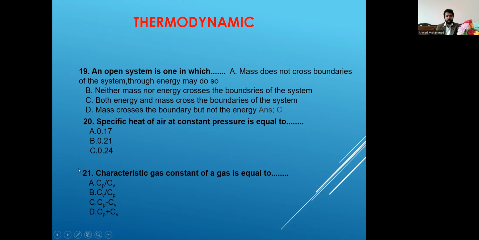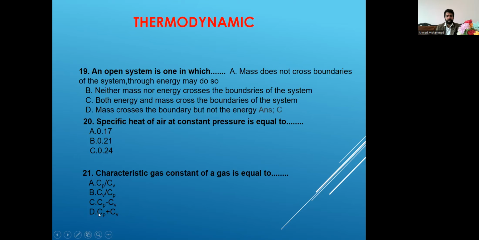For question 21, the characteristic gas constant of a gas is equal to: option A, molar heat capacity at constant pressure divided by molar heat capacity at constant volume. Option B is molar heat capacity at constant volume divided by molar heat capacity at constant pressure. Option C is molar heat capacity at constant pressure minus molar heat capacity at constant volume.